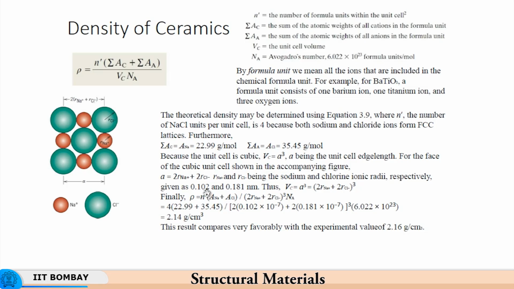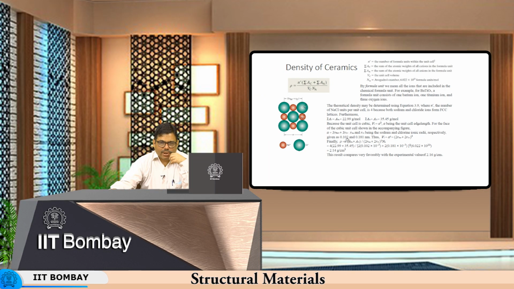Similarly, density of ceramics can be computed based on the linear addition of two densities. So Avogadro number, sum of atomic weights of all cations, atomic weights of all anions. And so what is meant by formula unit?